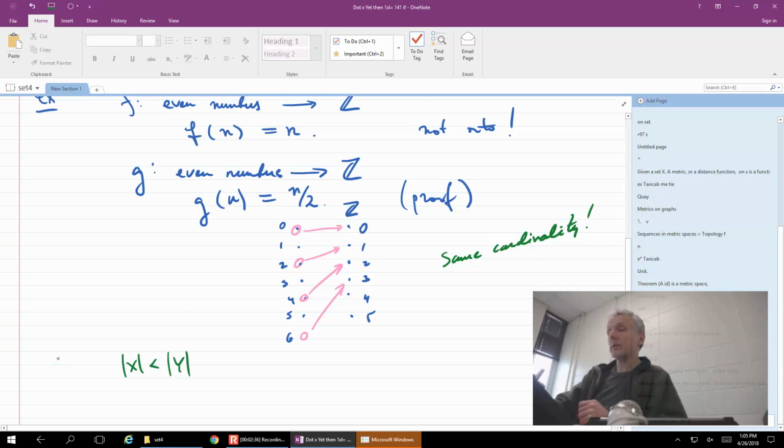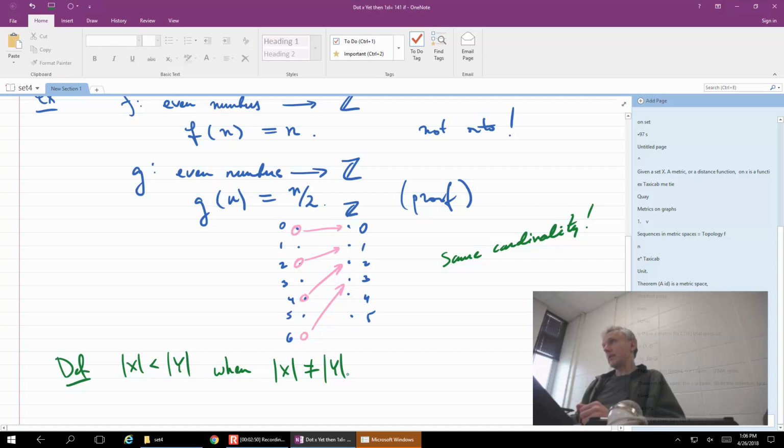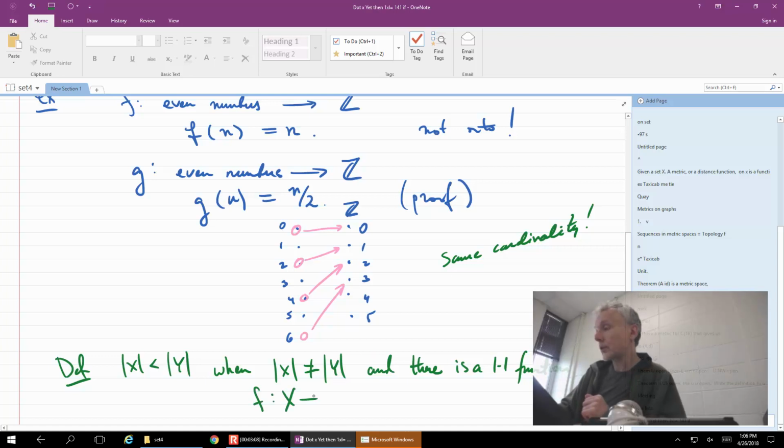Set x is smaller than set y when, first of all, they are not equal to each other, so there is no bijection between them, because if there is, they are equivalent and have the same cardinality. And secondly, there is a one-to-one function from x to y.